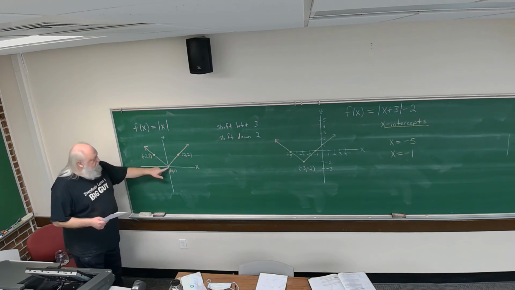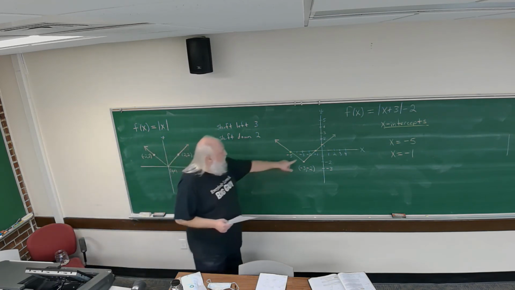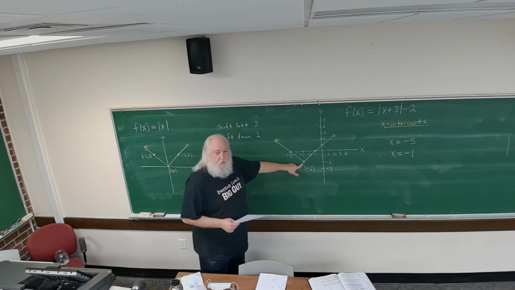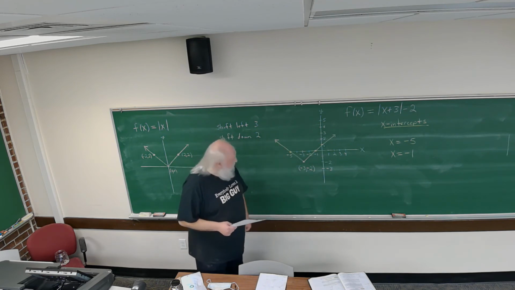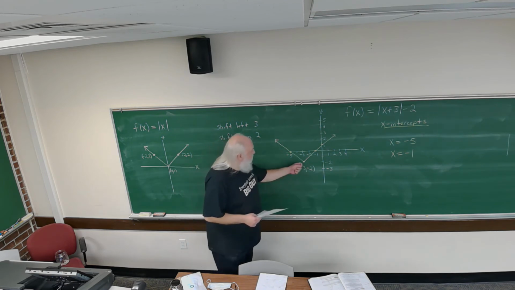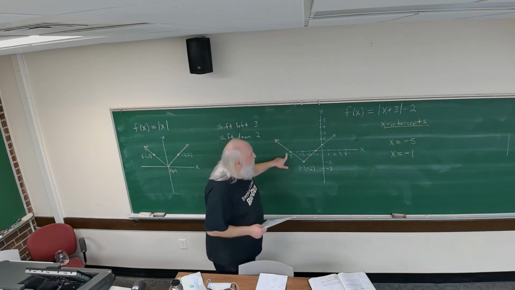So every point on this graph will get shifted to the left 3 units and down 2 units. So this vertex at the origin, right, is now at the point minus 3, minus 2. And then we have the V-shaped graph. And so it crosses the x-axis at minus 1 and crosses the y-axis at minus 5. Okay?